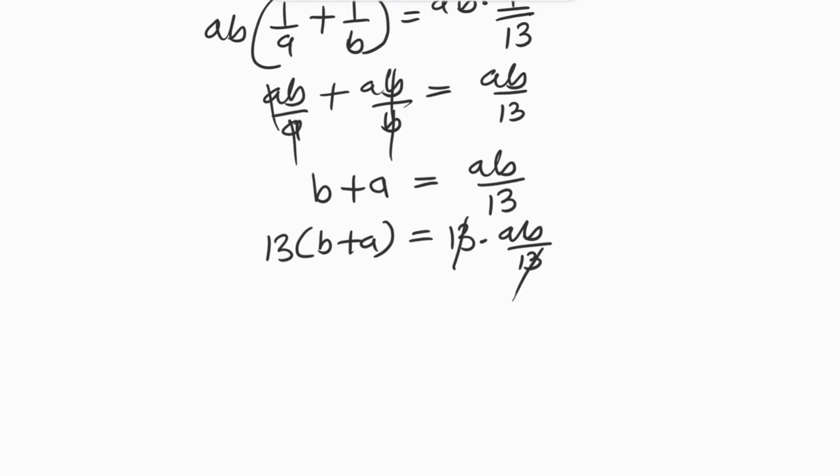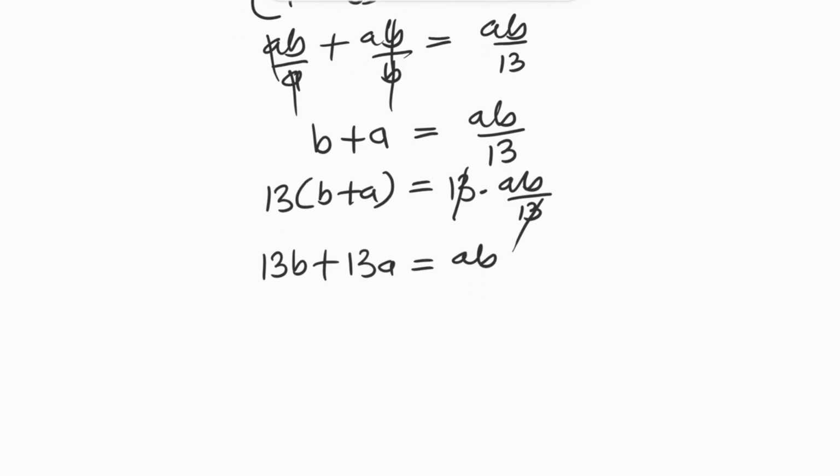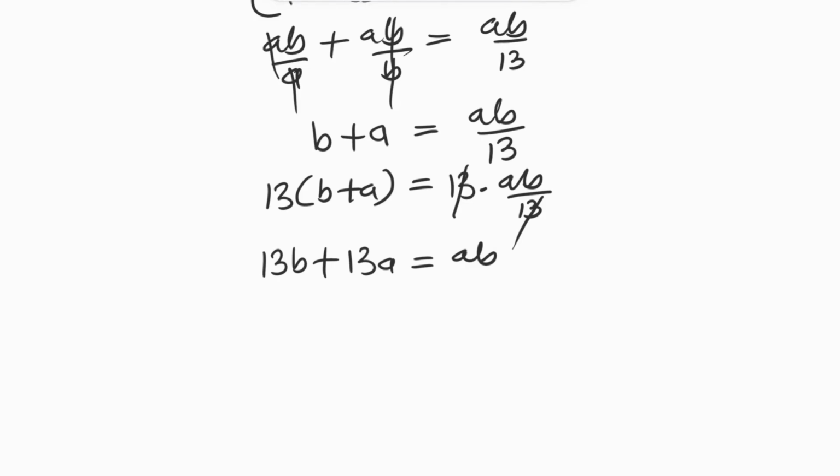Now 13 cancels out on the right-hand side, and we can open the bracket on the left-hand side such that we have 13b plus 13a is equal to AB. Now, if we move the 13b plus 13a to the right-hand side, we have AB minus 13b minus 13a is equal to 0.